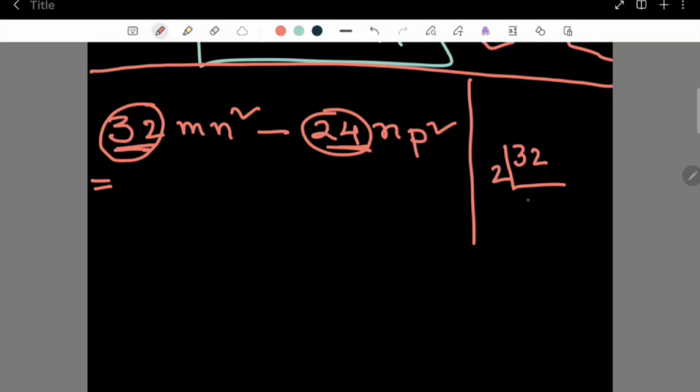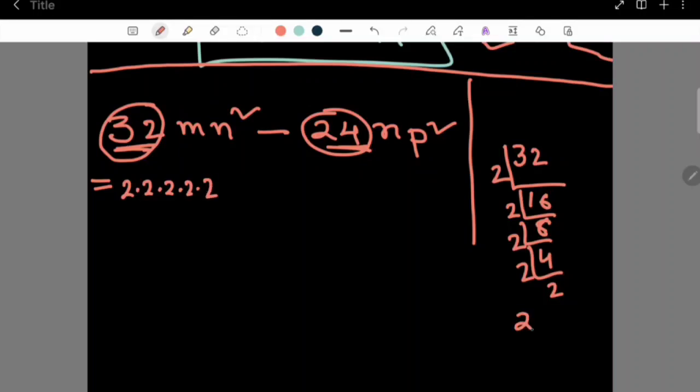By 2 if you split you will get 16, like that. If we split by 2 again it will get 8, again you will get 4, again you will get 2. You can split it in this way. So you will get 2 into 2 into 2 into 2 into 2, five 2s. Same way if we split 24, अगर 24 को तोड़ना है तो 2 से 12 हो जाएगा.